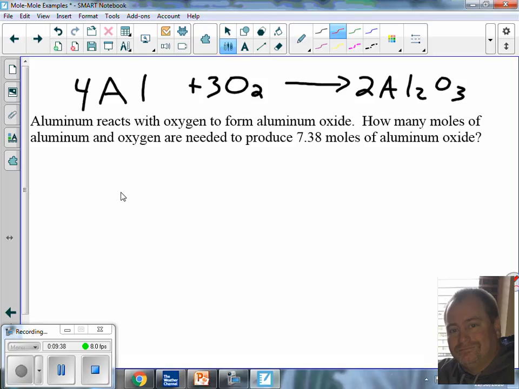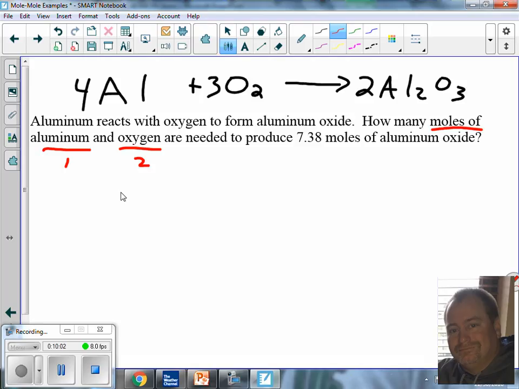Now, as I said, this is 2 different problems because it asked me to find moles of aluminum, 1, and then oxygen, 2. Does it matter which one I do first? No. What matters is I get it right.